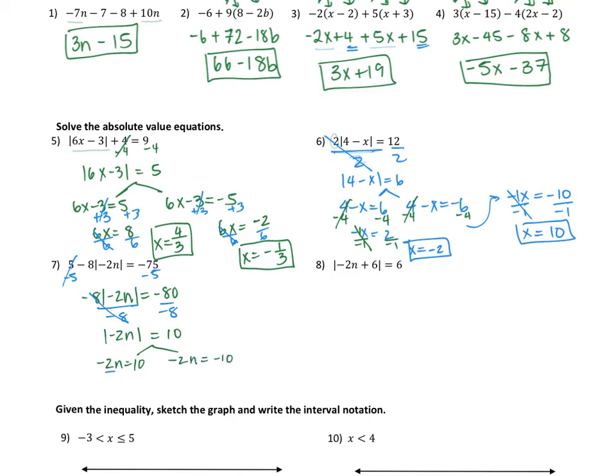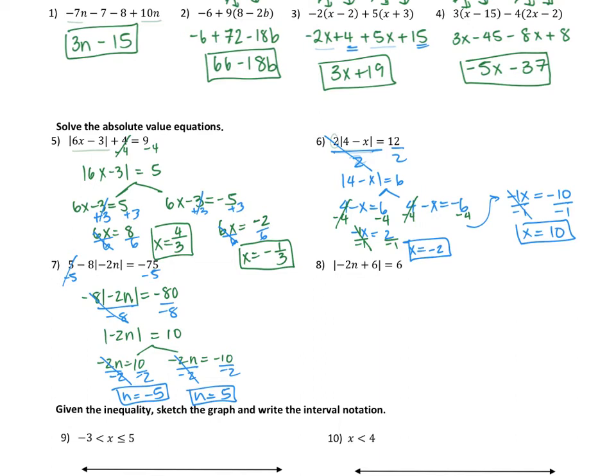If you were to divide by negative 2, I'm just going to do this simultaneously for both equations. This n would be negative 5, whereas the other n would be a positive 5, because two negatives make a positive, and 10 divided by 2 is 5. So these are the two solutions.